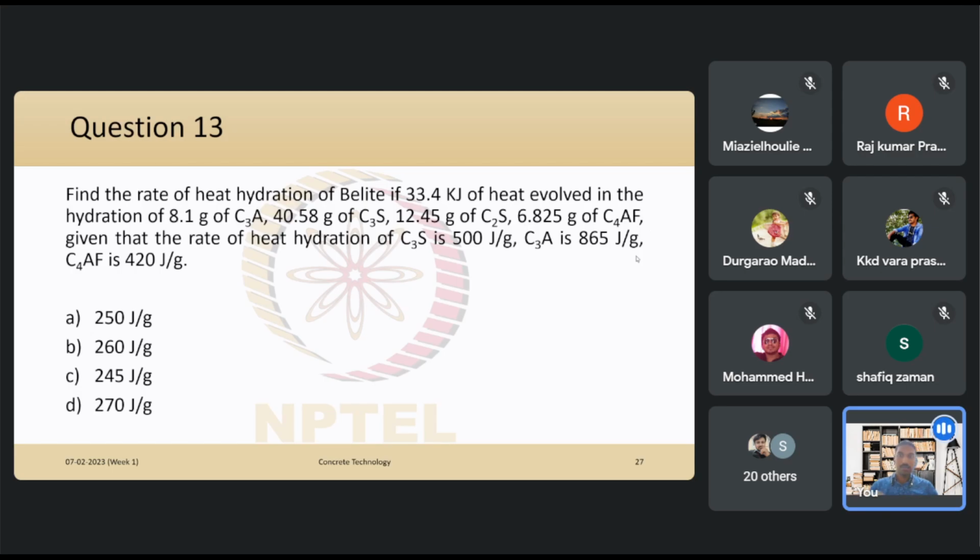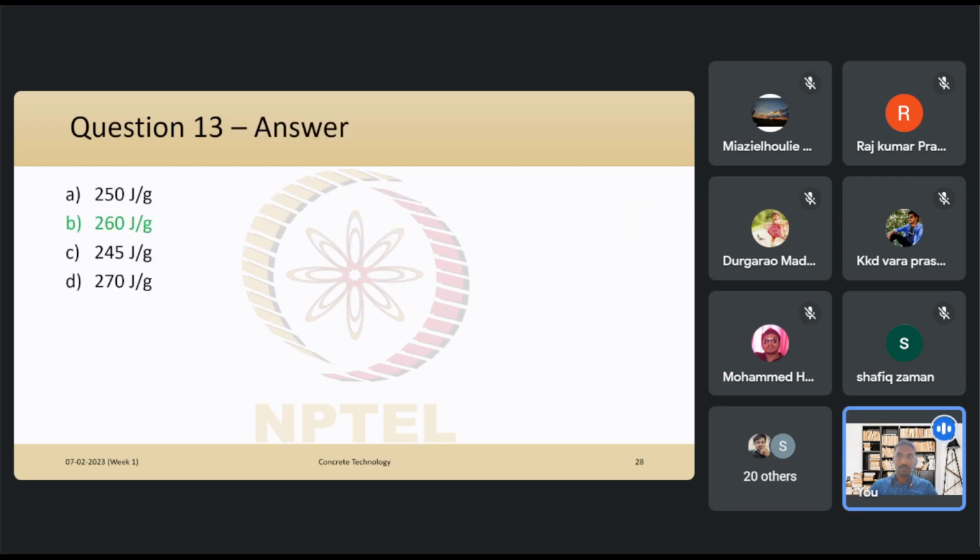So let's now take a look at the answer. The right answer is option B, 260 joules per gram.